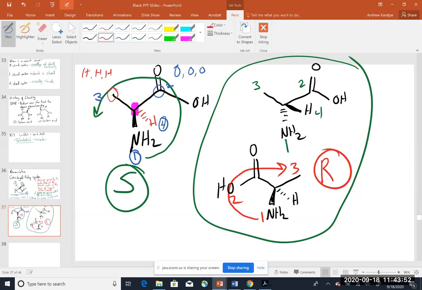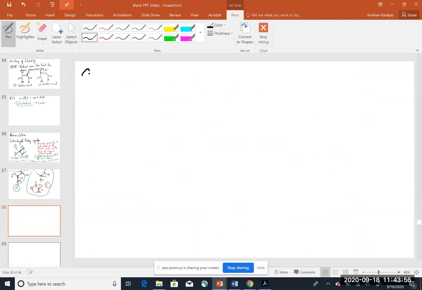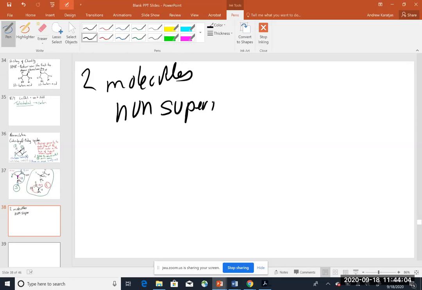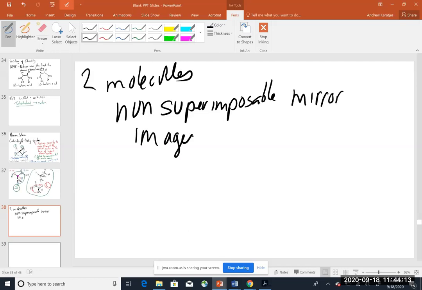Now we have a name for what we call these two molecules. So two molecules that are non-superimposable mirror images are known as enantiomers.